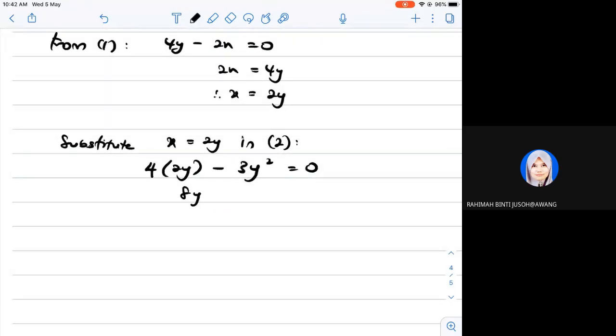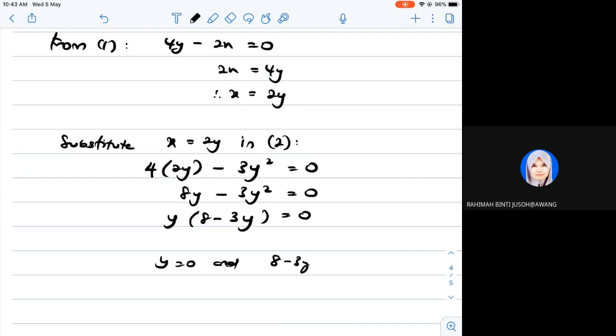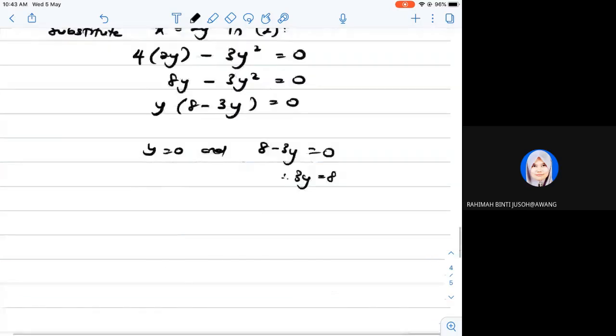So we have 8y minus 3y squared equals to 0. So kita factorkan y. We get y times 8 minus 3y equals to 0. So y equals to 0 and 8 minus 3y equals to 0. Therefore, 3y equals to 8. So y equals to 8 over 3.